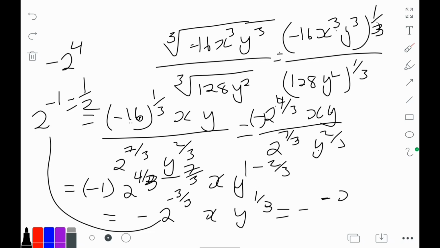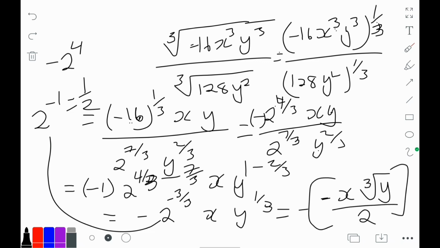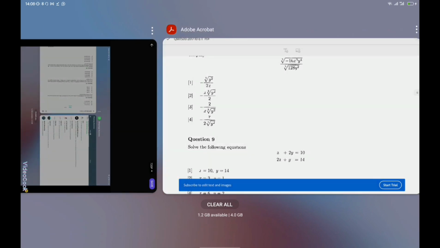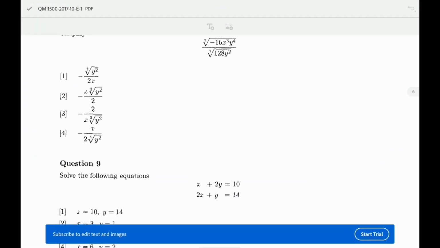So let me just rewrite it, but let's go and check in the question paper if this is the right answer. When we check in the question paper here, I can't see that answer, oh, we made a mistake. It's y to the power 4.